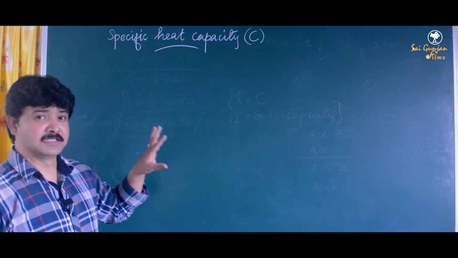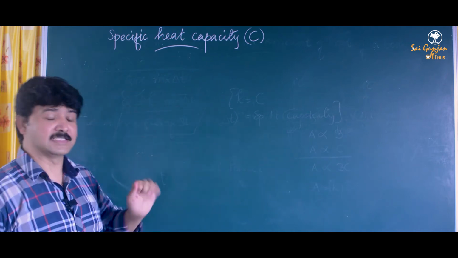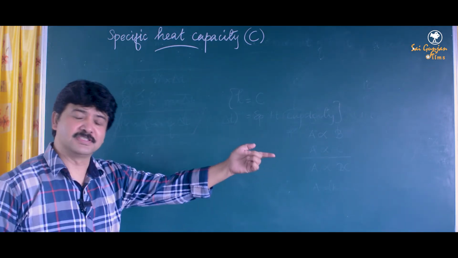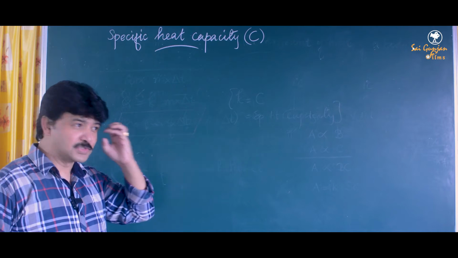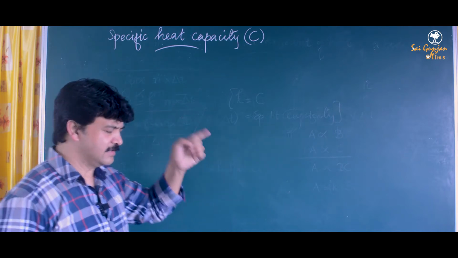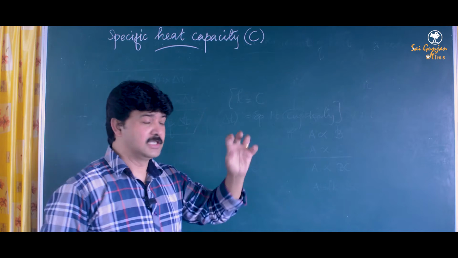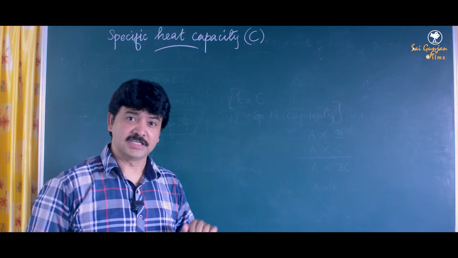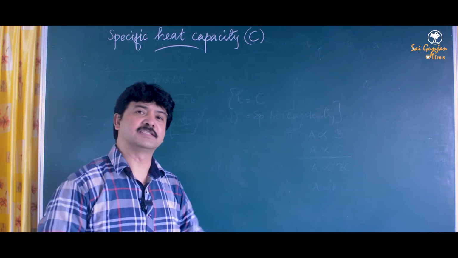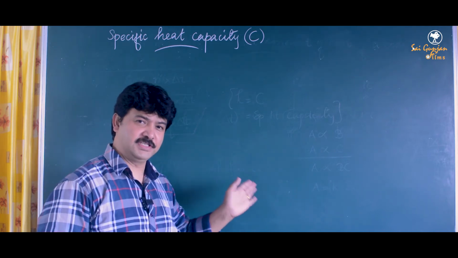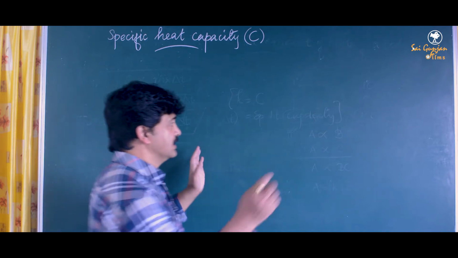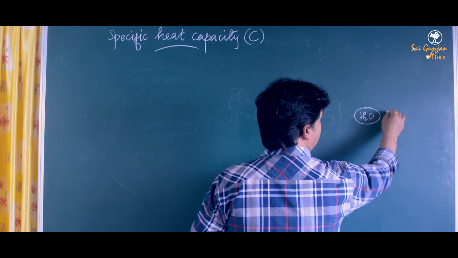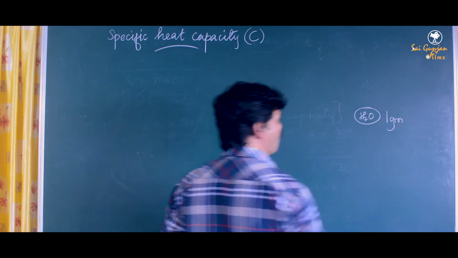Now to understand the meaning of this specific heat capacity, I will again take you back to the definition of calorie. If you understand the definition of calorie properly, you will easily be able to write the definition of specific heat, and hence you will easily understand the meaning of this specific heat capacity. So again, this is water, and how much water do we take? 1 gram.